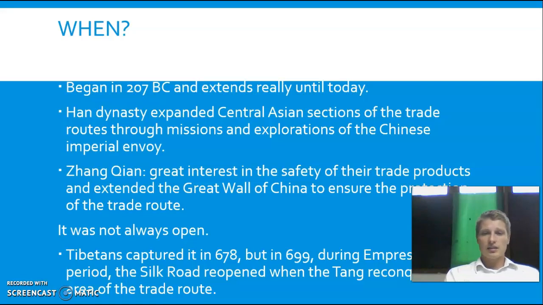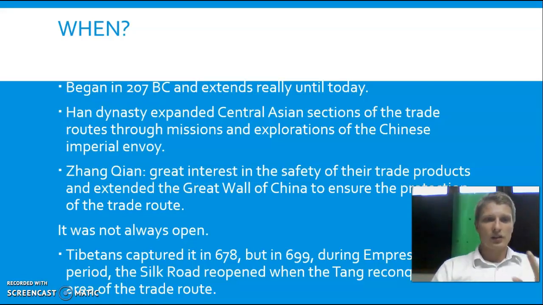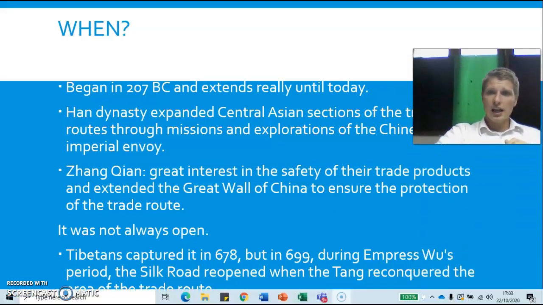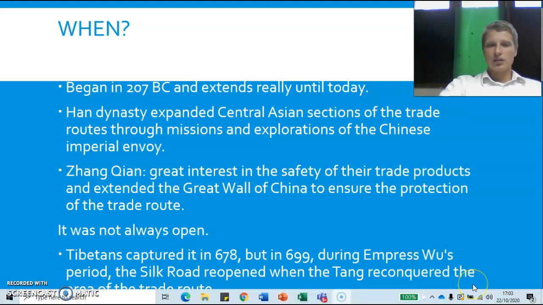The greatest and the safest part of this process was during, and I'll move myself, the Shang dynasty. It was great and safe for the products, everything. The Great Wall of China was built, and it ensured part of the trade route would be safe. That Great Wall that we learned about, we'll learn a little bit more about it today.